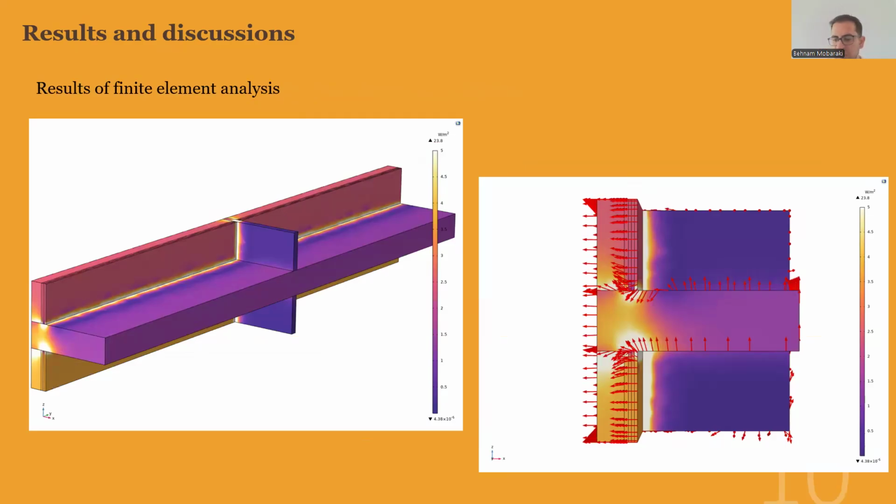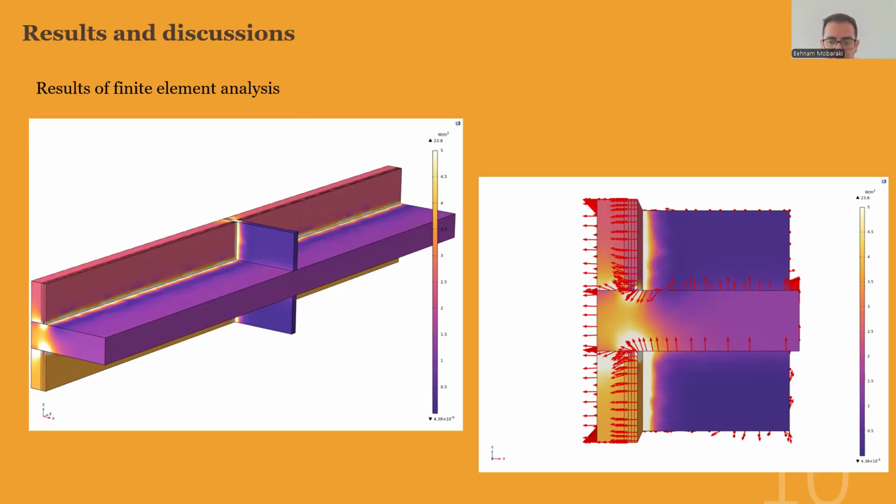On the left side, the 3D finite element simulation illustrates a thermal bridge at the structural junctions, where heat flow concentrates along the connection between elements. The color gradient shows temperature distribution, with warmer zones indicating higher heat transfer, while cooler areas reflect lower temperature.